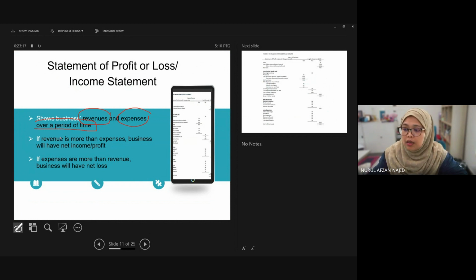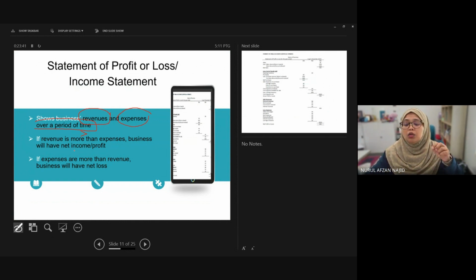So sekiranya kalau revenue tu lebih besar daripada belanja kita, maksudnya apa? Hasil lagi banyak daripada belanja, maksudnya kita untung lah. Kita akan dapat positive figure lah kat situ. Kalau income lebih banyak daripada yang duit masuk lagi banyak daripada duit keluar, maksudnya kita dapatlah untung.